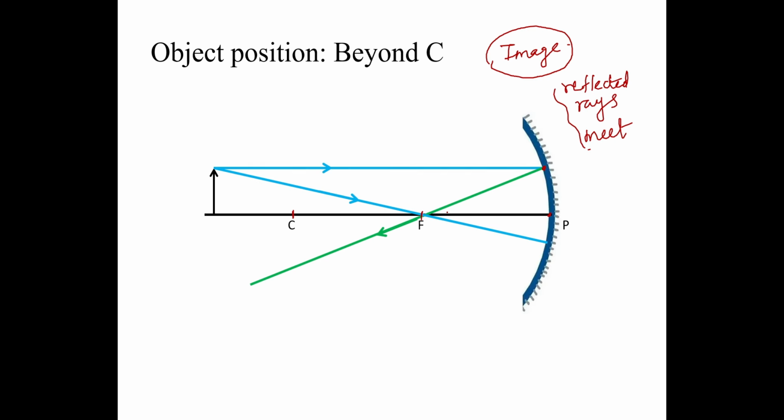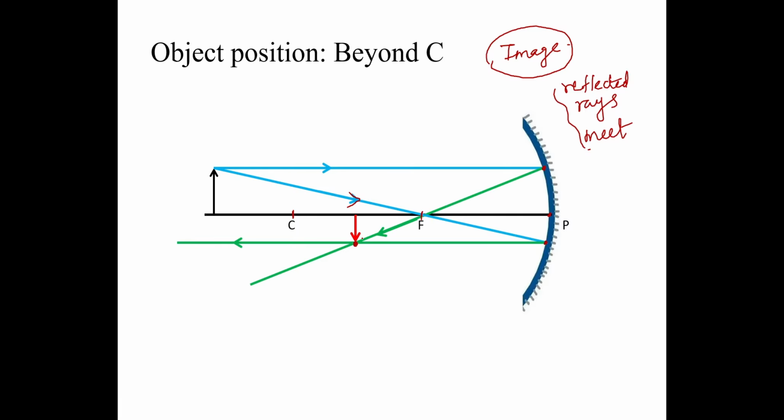See here, the blue shows it is passing through the focus. Then it hits the mirror again, and after reflection it becomes parallel. This is rule 2. Now we can see the reflected rays are meeting at this point. This is the meeting point of our reflected rays, so you will get your image here.